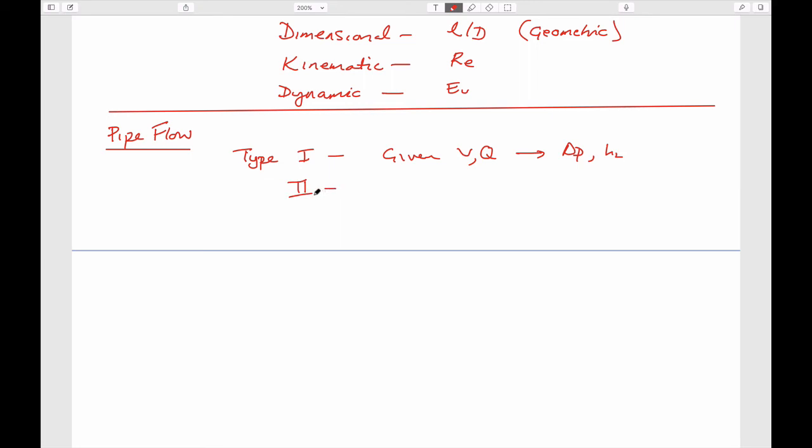Type 2 systems, where we calculate a velocity, aren't so straightforward because typically the head losses in a system vary with the velocity. And if you're not given an explicit magnitude of the head loss, you can't solve in one straight step. But if you are given a head loss, then you typically can. And the third type of conditions are that you want to solve for the geometry of the system.